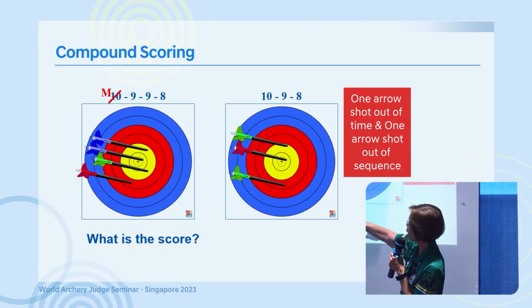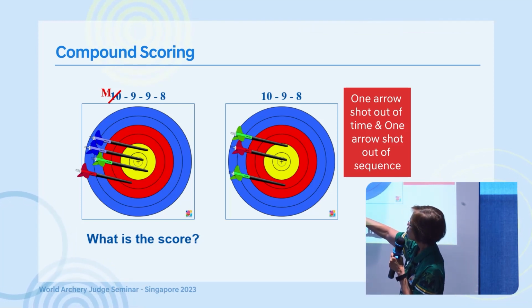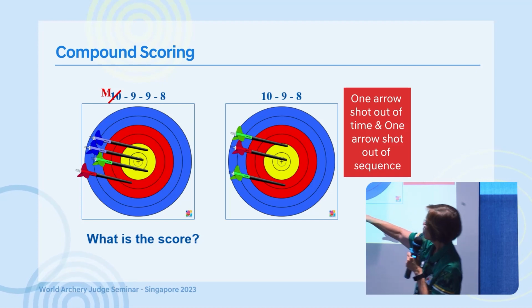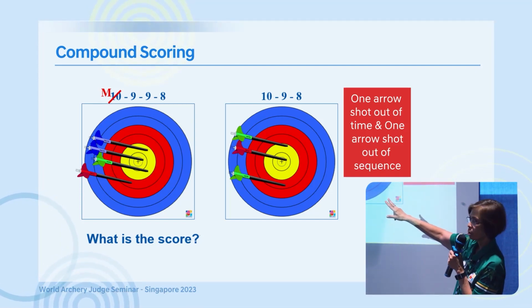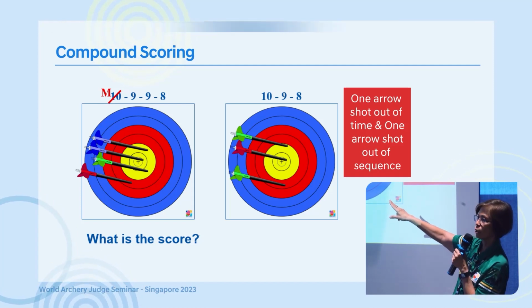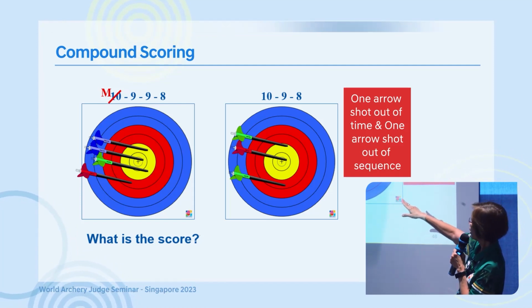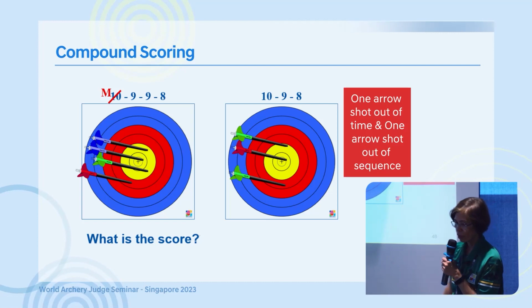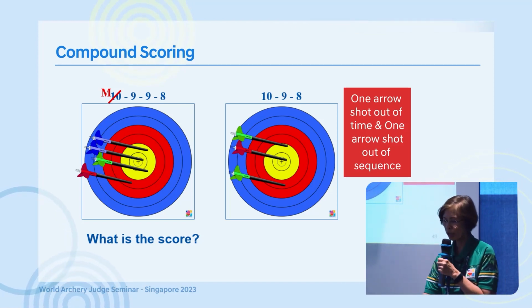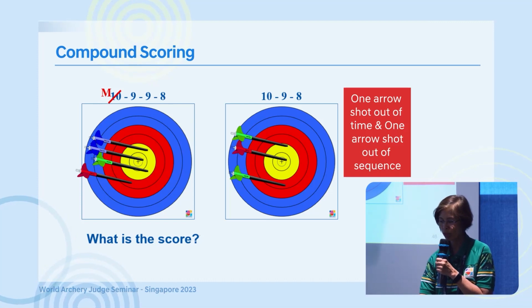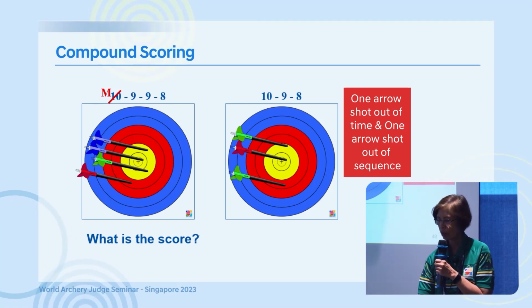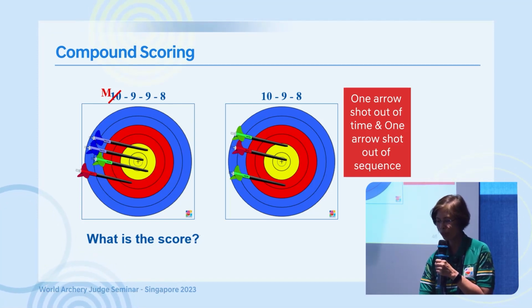Okay, and we remove the highest scoring arrow, which is a 10. Then we have 7 arrows. Write down the 6 lowest. Okay, and then we have 1 arrow shot out of time and 1 arrow shot out of sequence. So how or what is the score now?